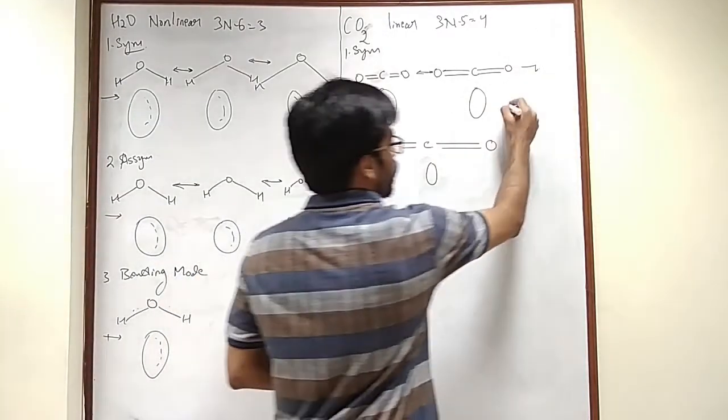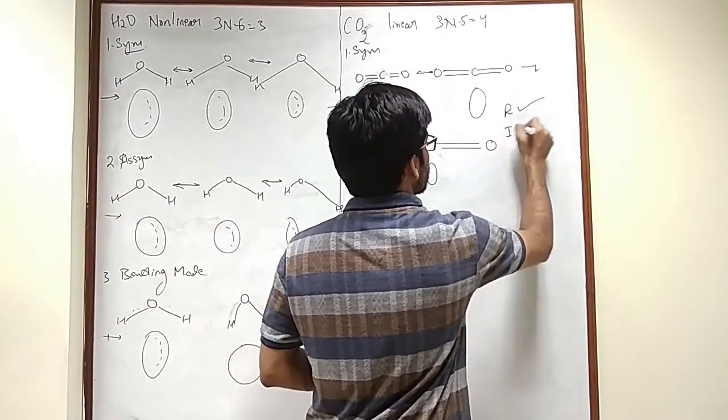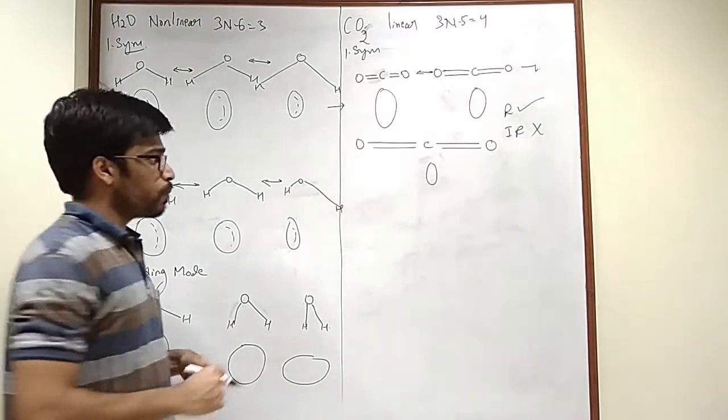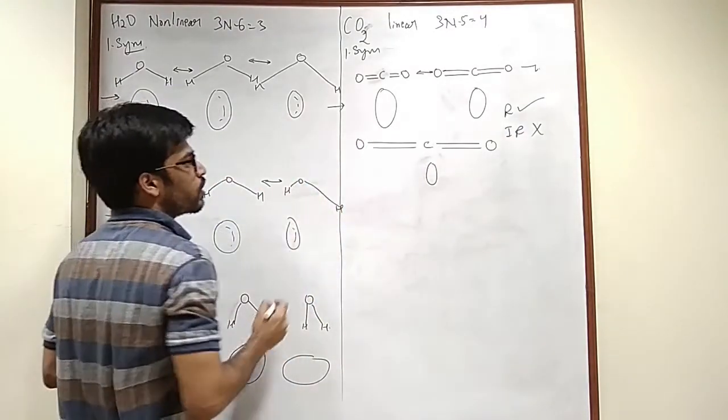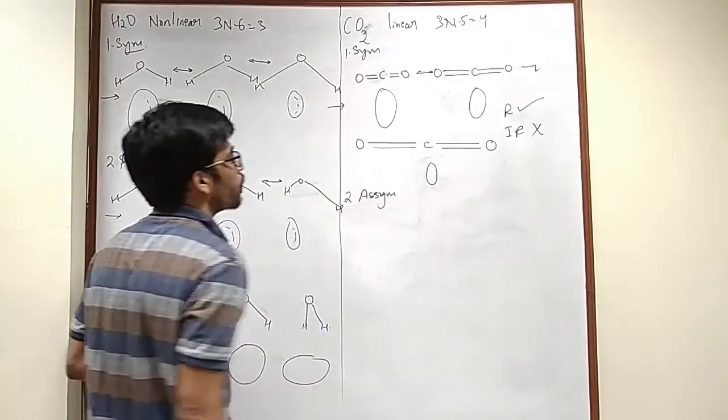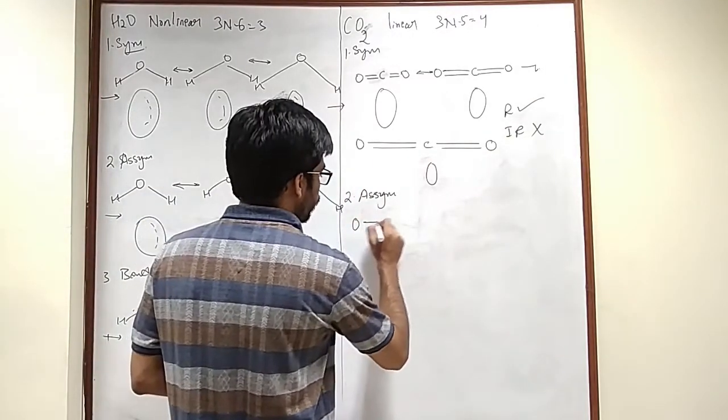But if this is Raman active, we know this is IR inactive because there is no change in the dipole moment of the molecule. This is different from water. Let's take the example of asymmetric stretch. What do we have?